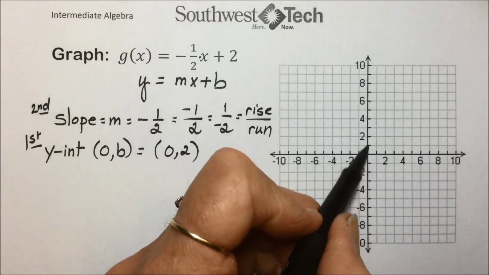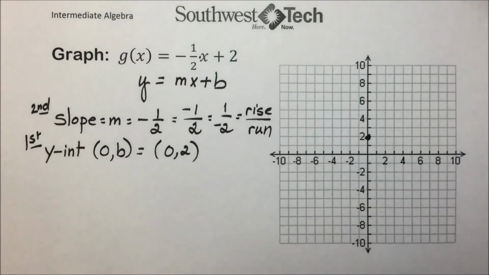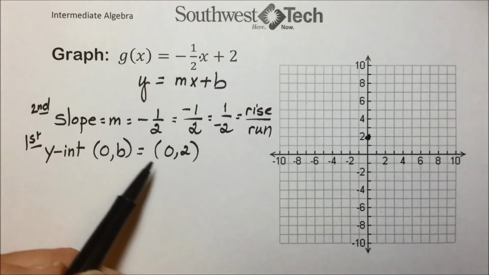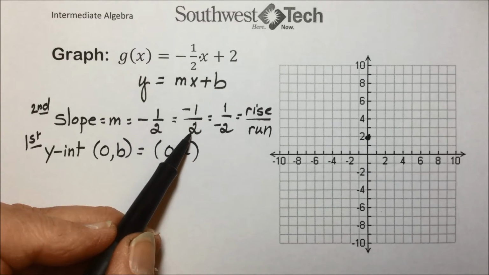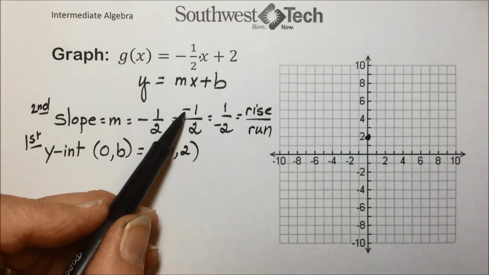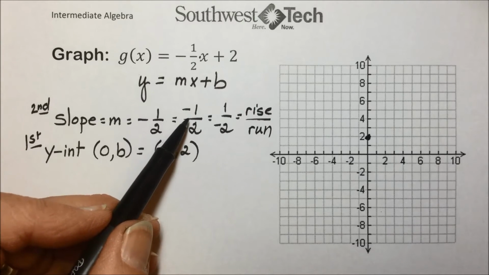Our y-intercept is at (0, 2). We have a slope of -1/2, which this is an equivalent. A negative divided by a positive is a -1/2, but this helps us with the graphing.